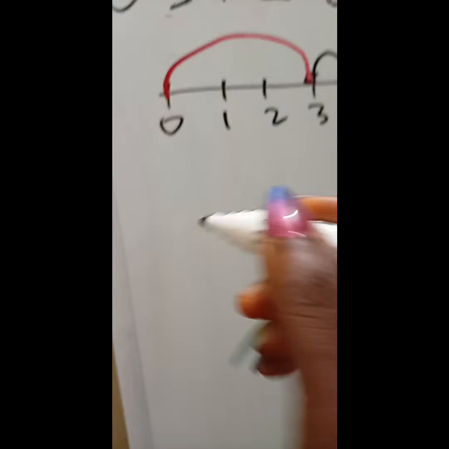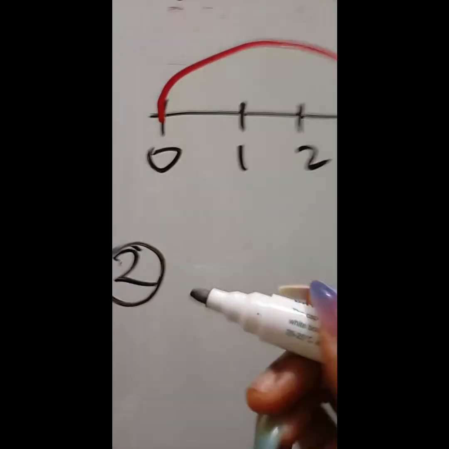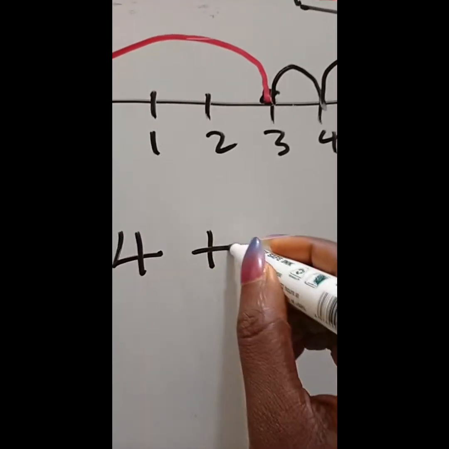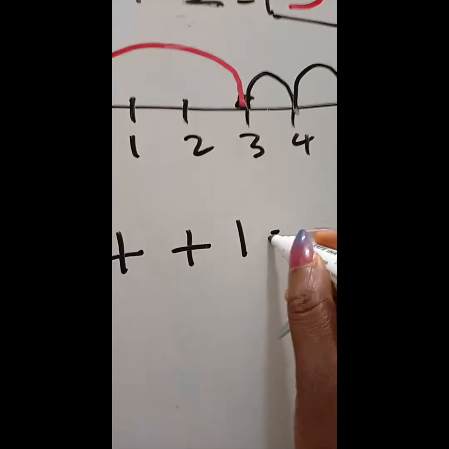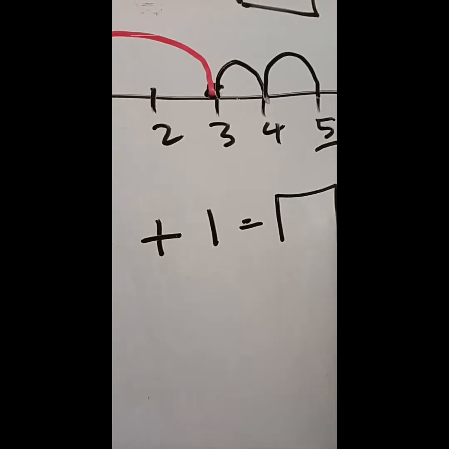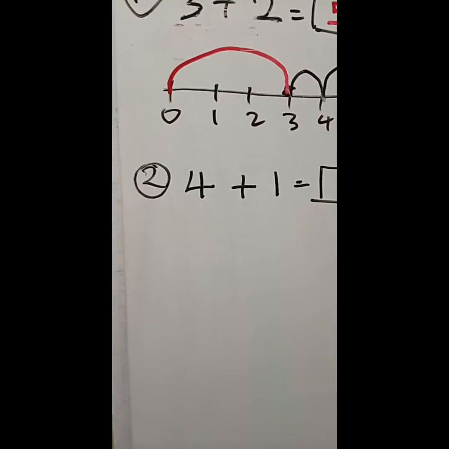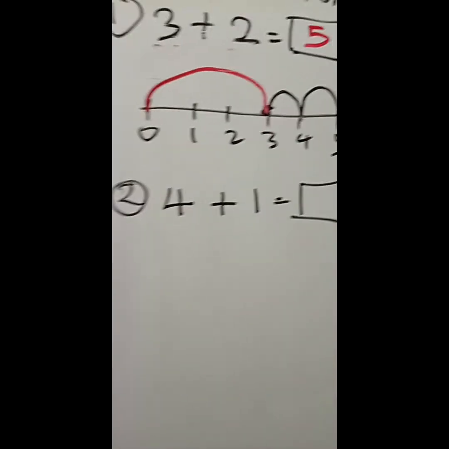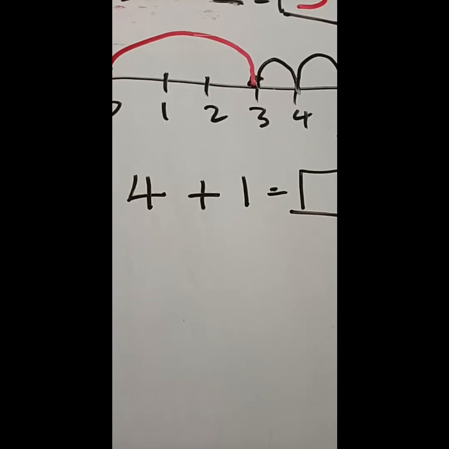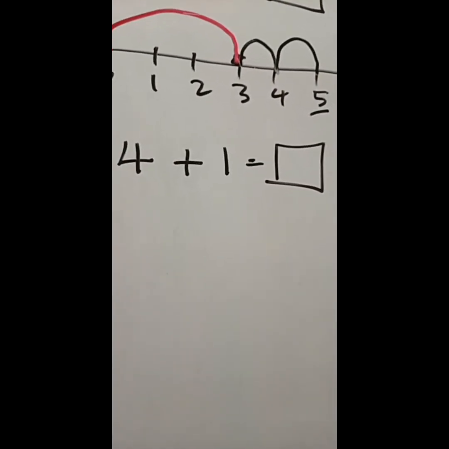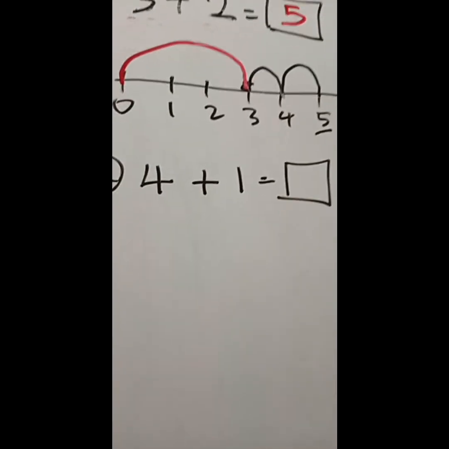Okay, so we have, for example, number 2, 4 plus 1 is equals to what? And you are asked to solve this mathematics using number line. So what did we say?